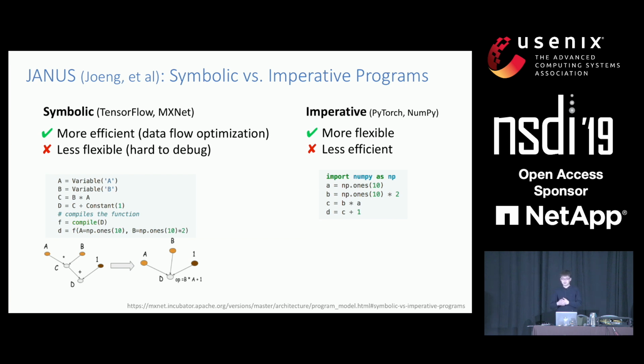It makes it very difficult for users to do debugging in real time, because users are not actually running numeric computation while defining these neural nets. So many users stick to imperative APIs like PyTorch or NumPy because they give users more flexibility.